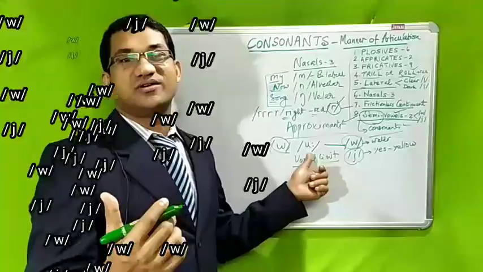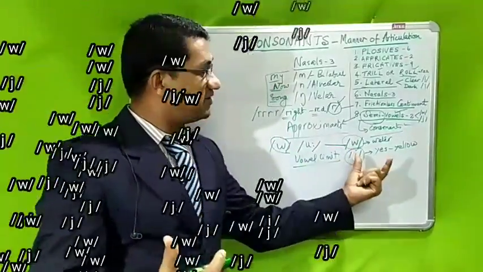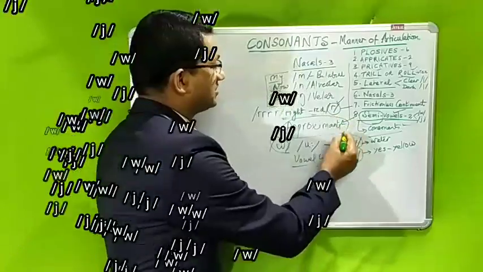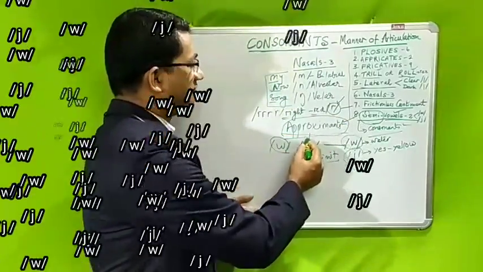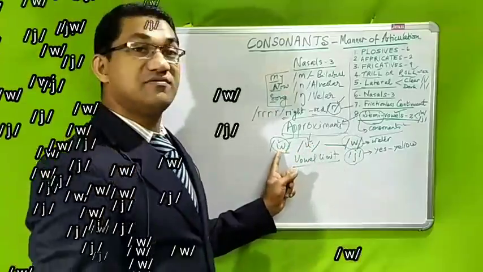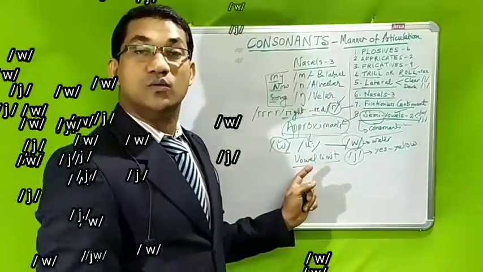This is the reason why we call it a semivowel or an approximant. We call it an approximant because it has half the quality of a vowel and half the quality of a consonant. That is about the first one, that is w.